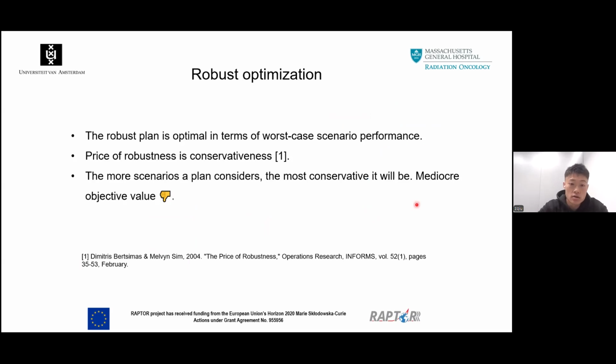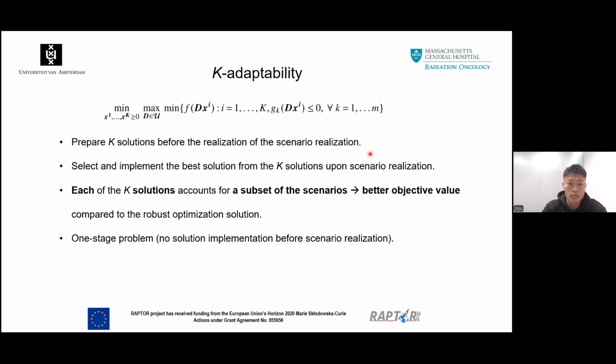But robust optimization is good, but one downside of it, one trade-off of it, is that if it considers too many scenarios, the solution can be mediocre. So to that end, we wanted to apply this K-adaptability approach to this robust optimization problem.